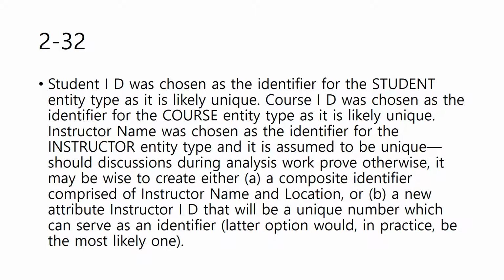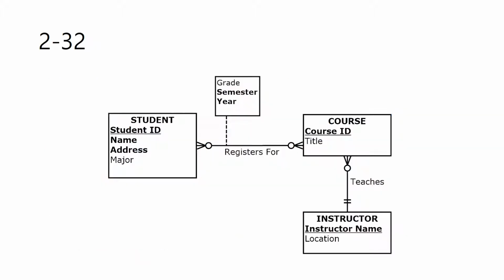Should discussion during analysis prove otherwise, it may be wise to create either a composite identifier comprised of instructor name and location, or a new attribute, instructor ID, that will be a unique number which can serve as an identifier. The latter option would, in practice, be the most likely one.